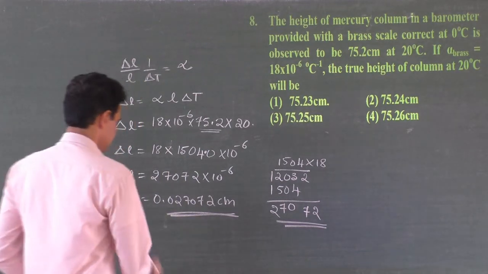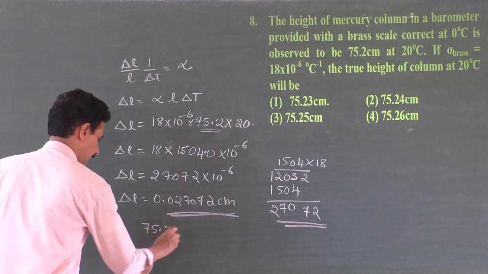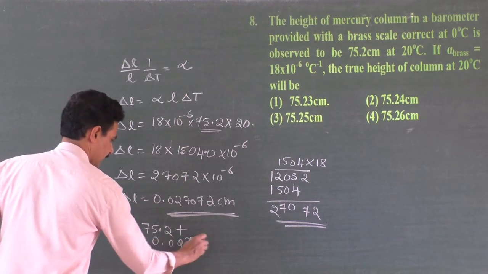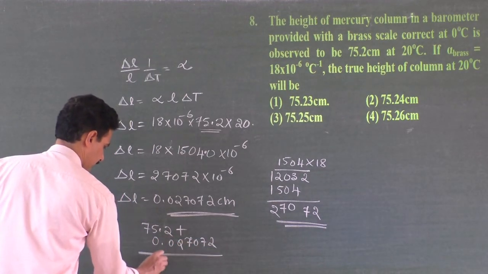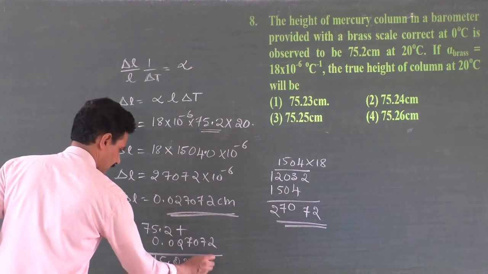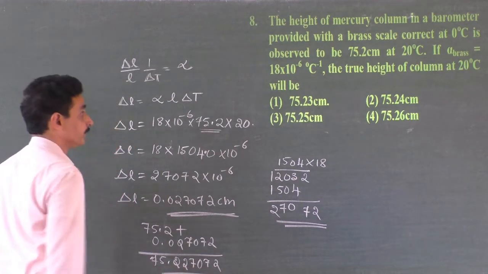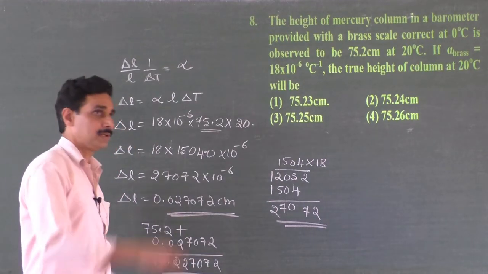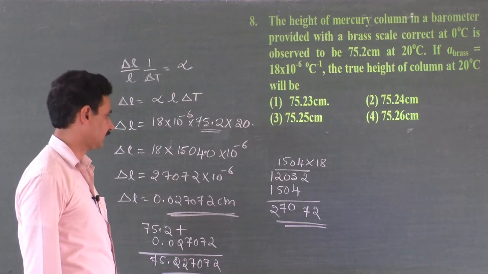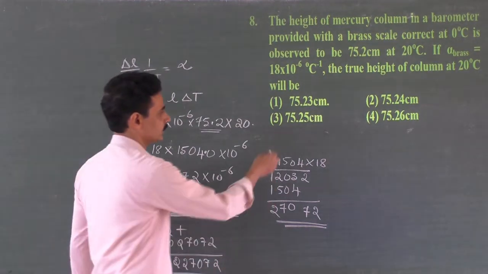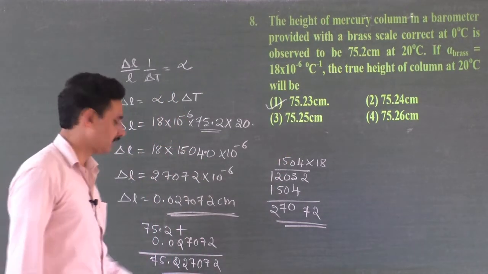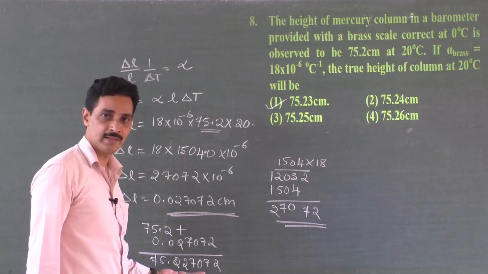It should have been 75.2 plus 0.027072, that is 75.227072. This should be the actual height of the column, but it has decreased to some level. So 75.22723 something, right? Very close answer. That's why we have to go for all the calculations here. Oh, you can't see this, huh?